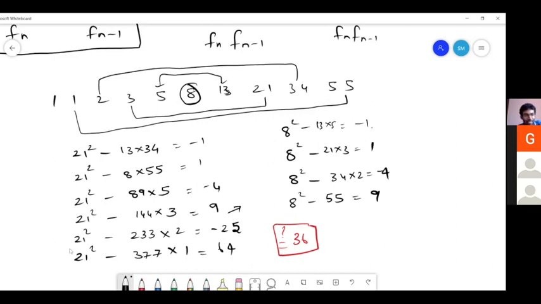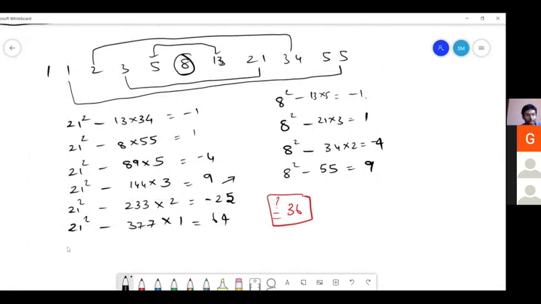Let us take the next difference also. 21 squared minus 610 into 1. Without calculating, what do you expect here? 169. Wow, minus 169. So was this a guess? No, I got the pattern.